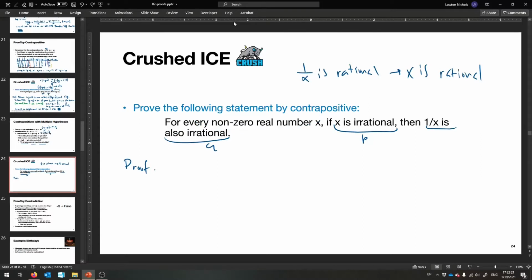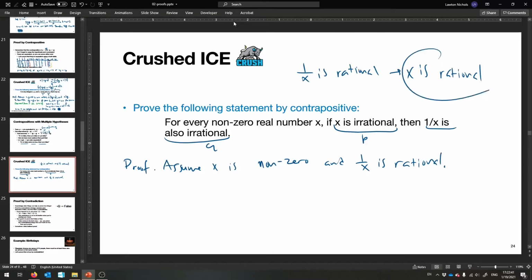That's the contrapositive. So assume x is non-zero, and 1 over x is rational. Okay, there we go. So now we have to show that x is rational.